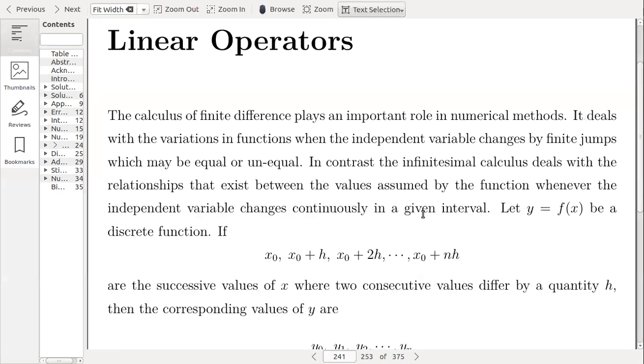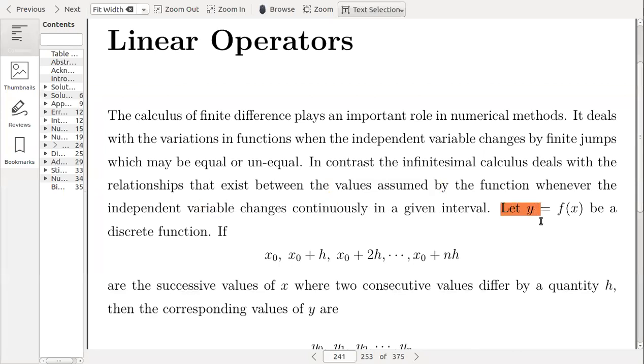So that is the difference between infinitesimal calculus and calculus of finite differences. In calculus of finite differences, the independent variable changes by finite jumps, and in infinitesimal calculus, the values of the independent variable change continuously in a given interval.